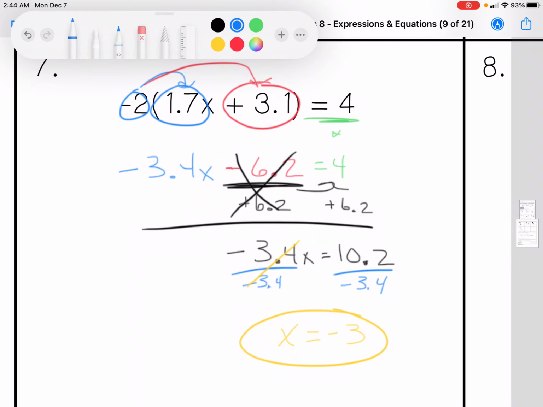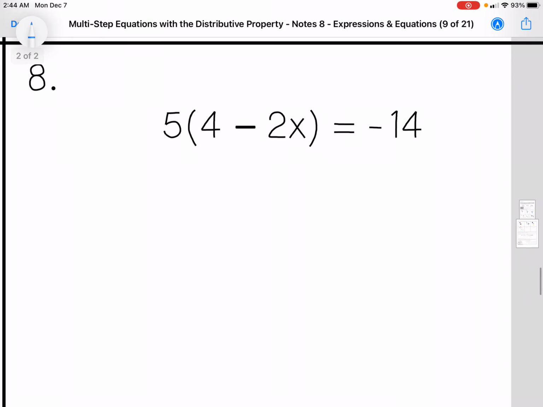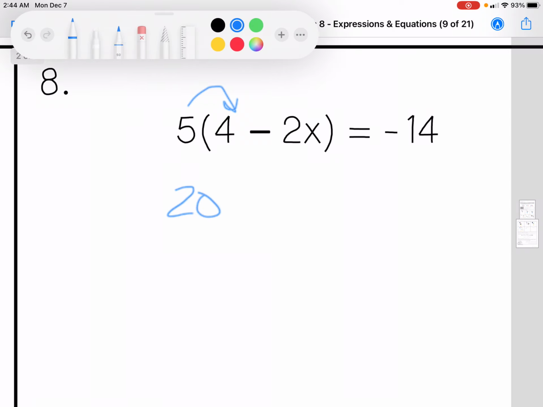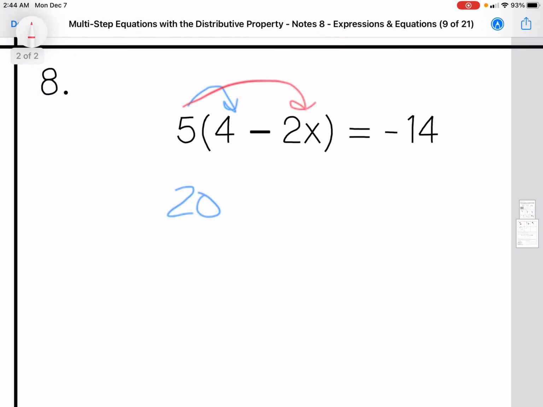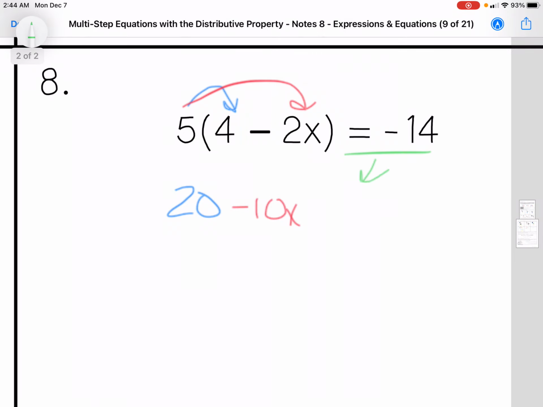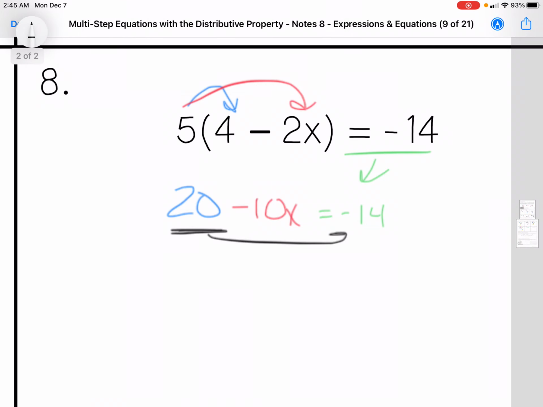All right, moving on. This one looks a lot easier. 5 times 4 is 20. 5 times -2x is -10x. If you don't touch it, bring it down. Like terms, they're arranged a little bit different this time, but don't freak. You're still taking that over there, okay?